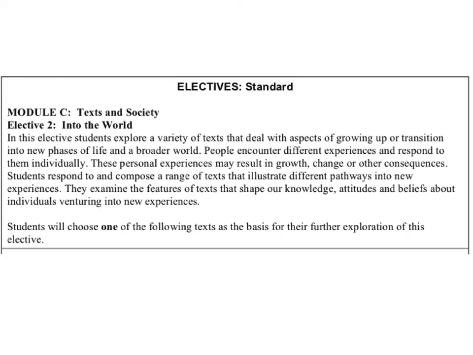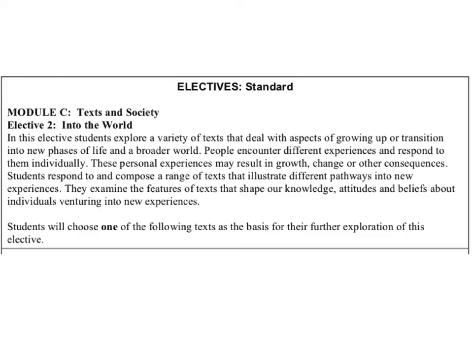Now, one of the things that this rubric says is that we are looking at how people respond to transition. So in The Educating Rita, which I'll get to later on in this presentation, we're looking at an individual who is changing from where she is to where she wants to be, and her journey through that. She meets characters on the way that support or challenge her in her transition.